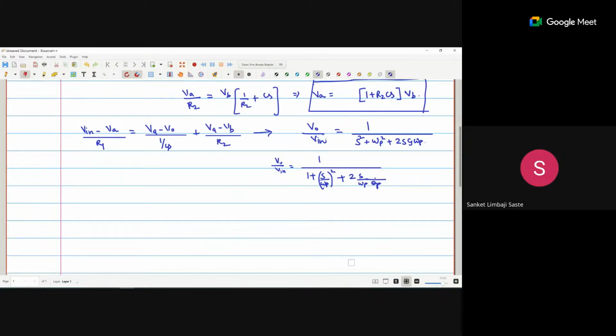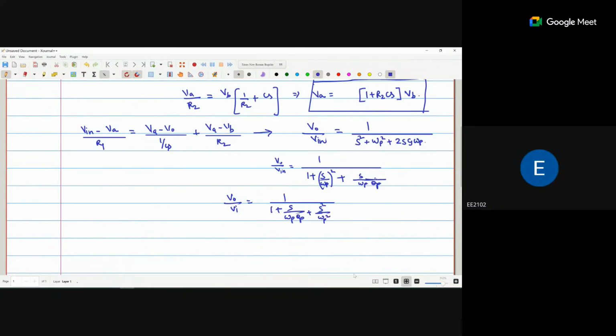So there is no two, I think. So Vo upon Vi is equal to 1 upon 1 plus s upon omega p Qp plus s squared upon omega p squared, the same equation.